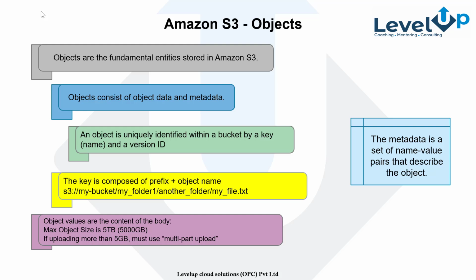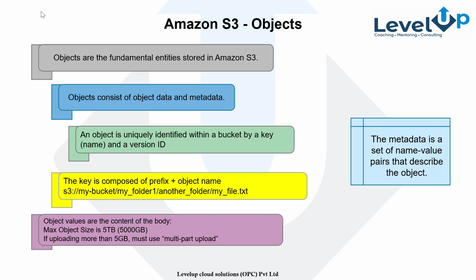The maximum size of an object is about 5 TB. One object cannot be beyond 5 TB. In one bucket, there can be multiple objects, but one object's size cannot go beyond 5 TB. And if you're uploading an object of bigger size, it is advised to use multi-part upload, because if the upload fails, you would need to start again from the beginning.